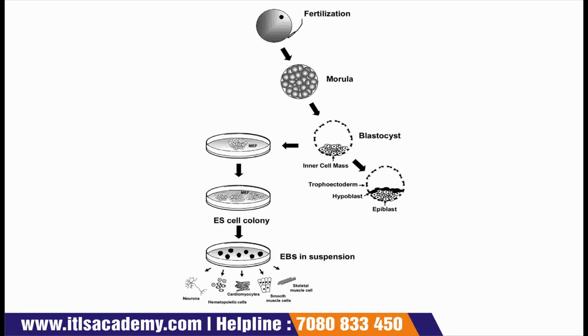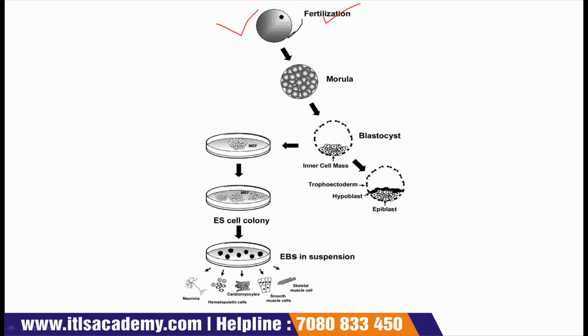Here in this diagram you can see this is fertilization. Again it is shown in detail how the separated or isolated cells can be differentiated into various kinds of cells. So here is the process. The first process is fertilization.